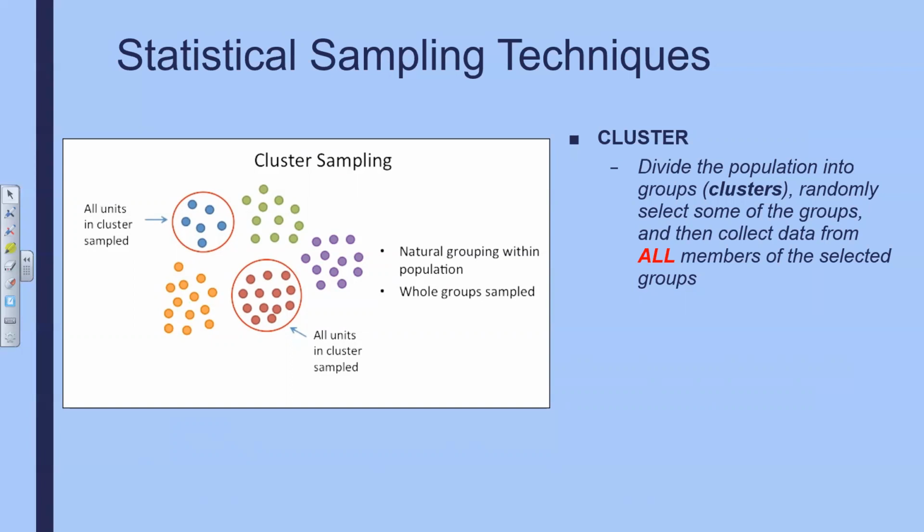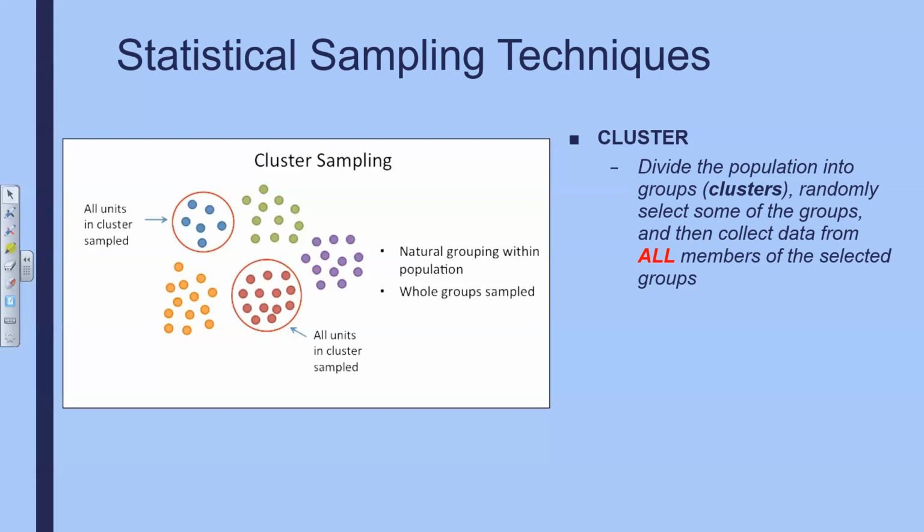So we're still dividing the population into groups, but instead of selecting some from each group, we select the entire group. We use all of the people in the group.